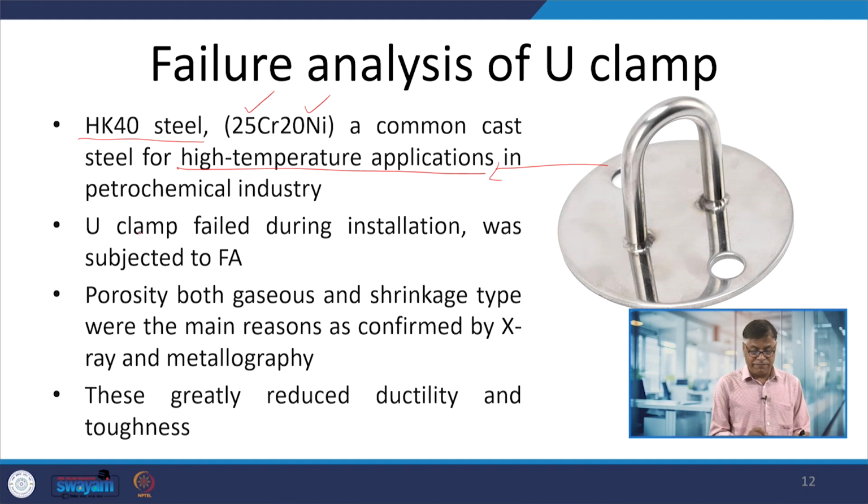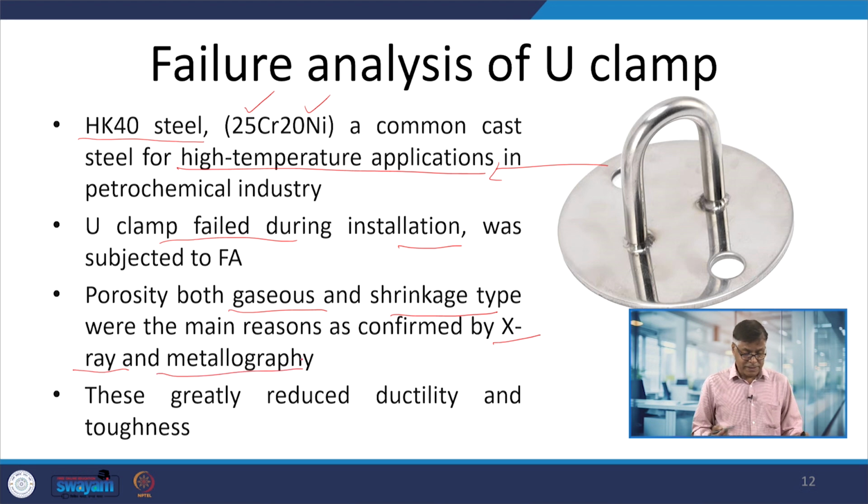But this U clamp failed prematurely during installation, and therefore it was subjected to failure analysis. It was found that gaseous porosity and shrinkage porosity were the main reasons behind the failure, as confirmed by X-ray analysis, NDT using X-ray, and metallographic studies.